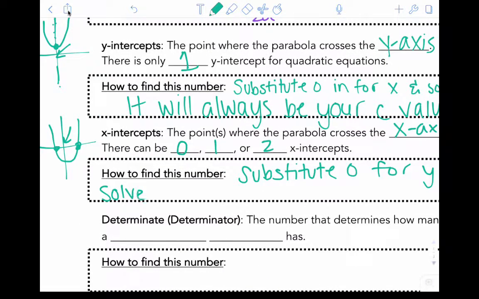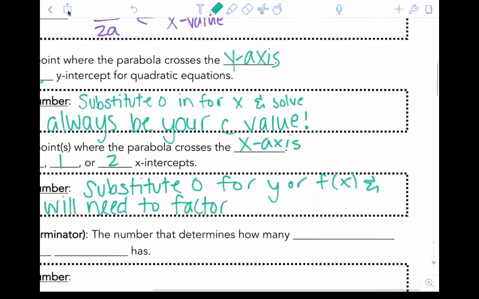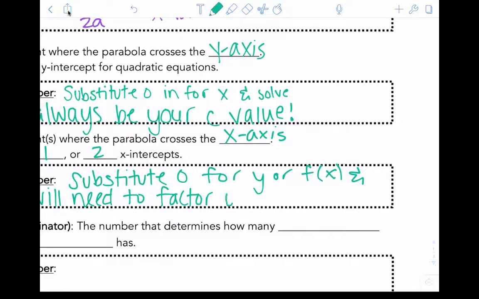Now, this is a quadratic, so when we have 0 equals a quadratic, to solve, we will need to factor. And if it's not factorable, then we'll need to use the quadratic formula.